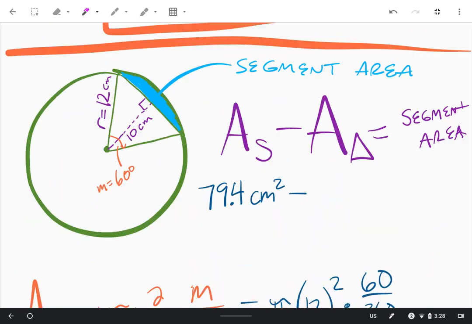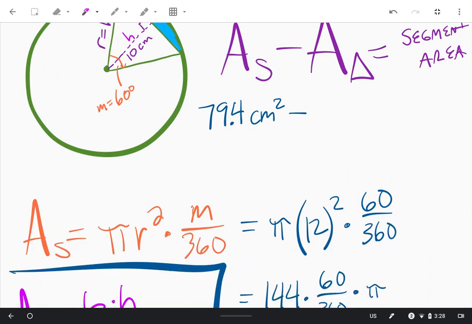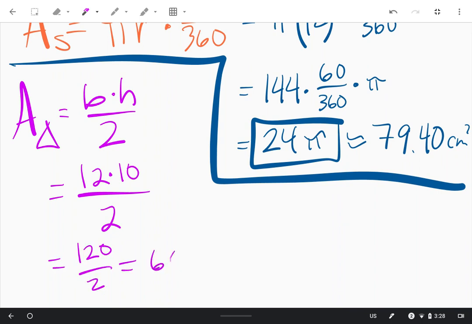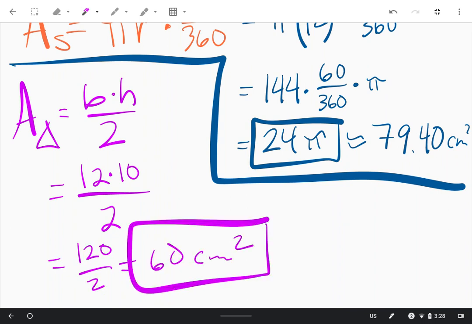We have a base and height of 12 and 10. 12 is the base, and 10 is the height. 12 times 10 divided by 2. 12 times 10 is 120, divided by 2 is 60 centimeters squared. That's the area of the triangle.